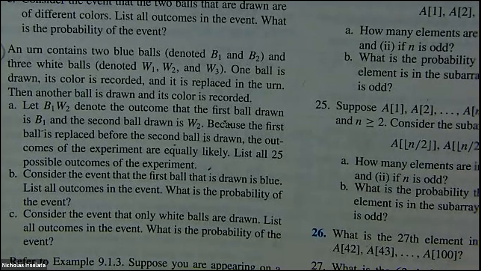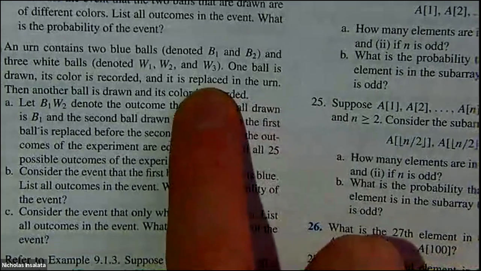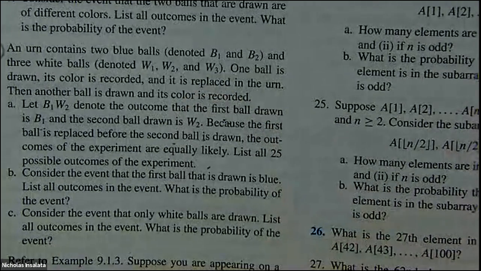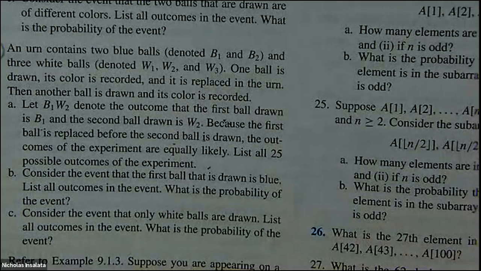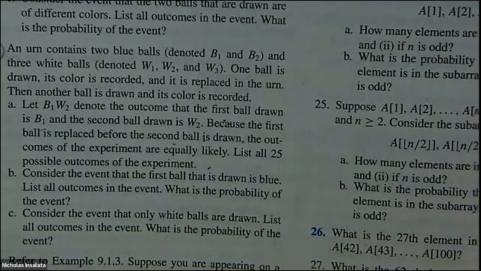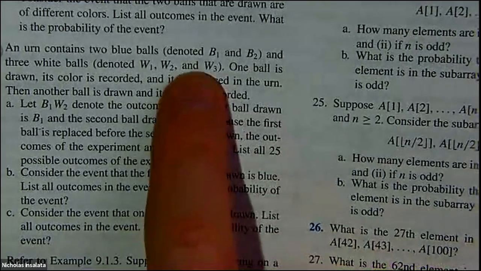Okay, David, you got 3/5 times 3/5, and I think that's a good way of looking at it, because you have to draw a white ball first, and you have to draw a white ball second, remembering that they're replaced in the urn, right? So you got a 3 in 5 chance of drawing a white ball the first time, and multiply, you have a 3 in 5 chance of drawing a white ball the second time, since you put the first one back, whichever one it was, right?